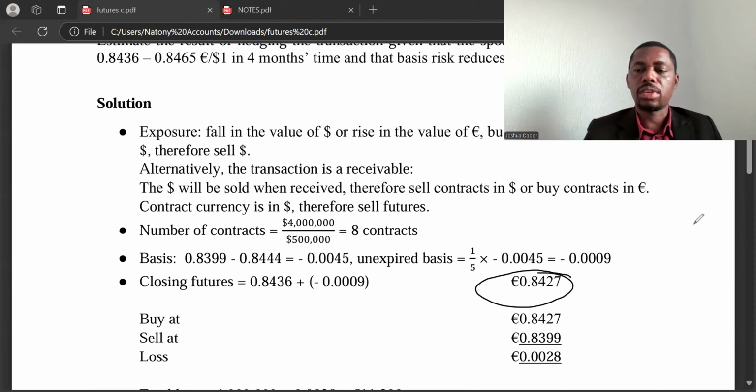So at this junction here, before you look at the closing futures price, you have two options. Either you go straight to using the lock-in rates, or you do the profit or loss on the contracts. If you are doing the profit or loss on the contract, you are separating the receivable from the contract. So there are two different contracts.